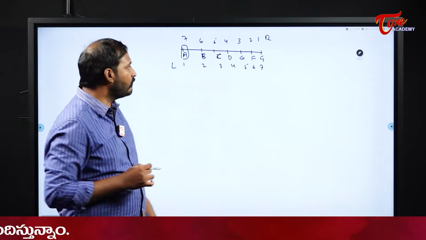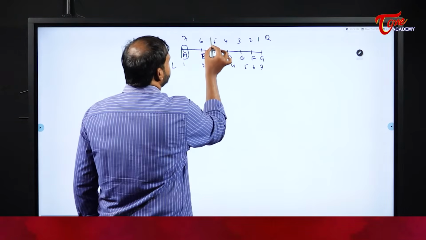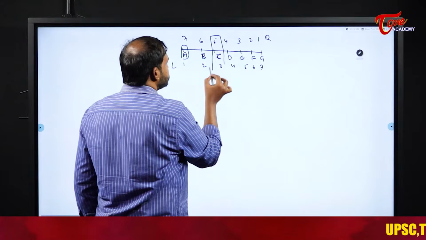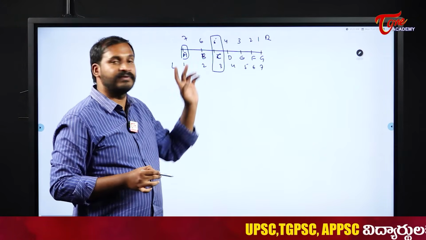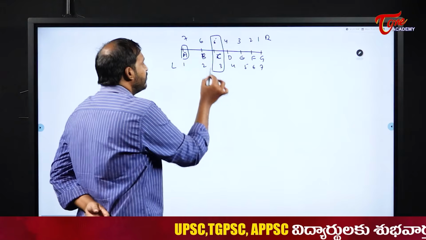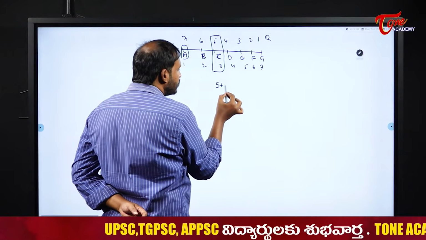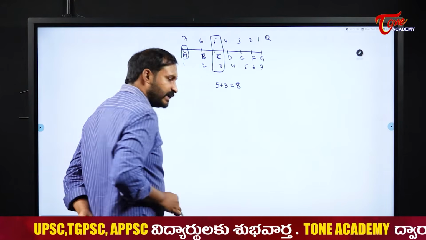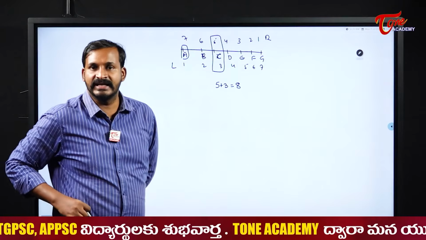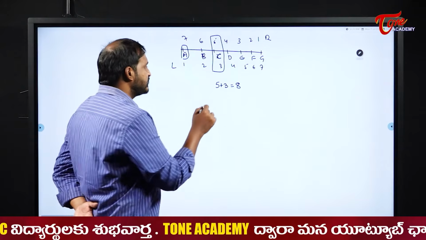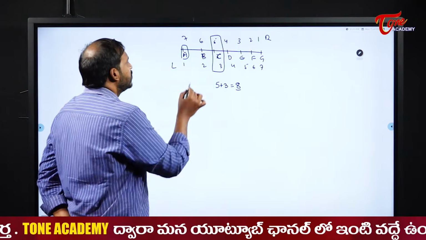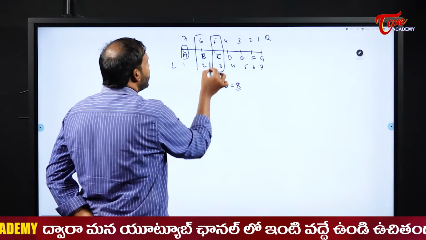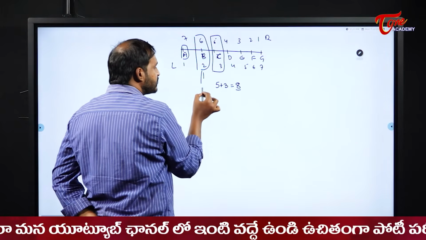Now I will take a person C. From the left he is third, from the right he is fifth. So if I add 5 plus 3, what does it become? 8. But actually how many are there in this line? Just 7. Now take B. When I add his left rank and right rank, what is the sum? 8.